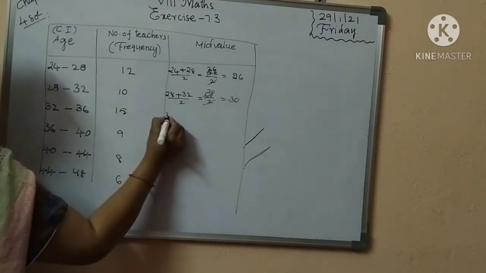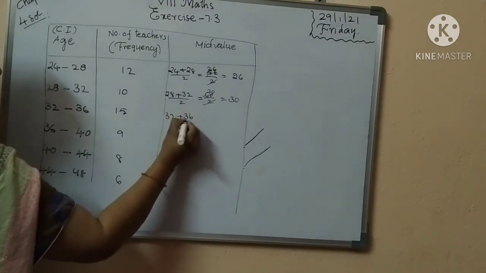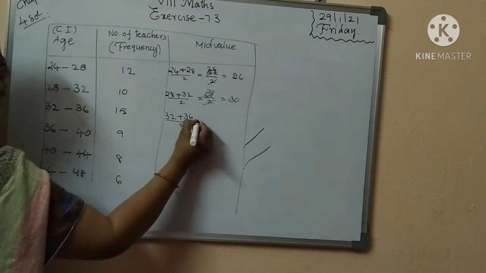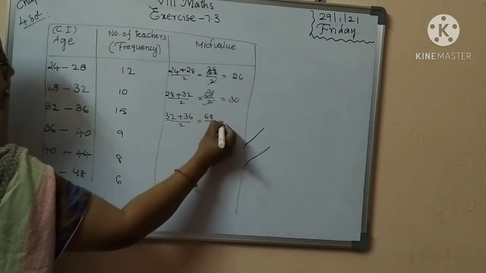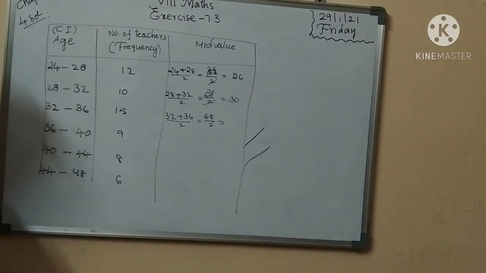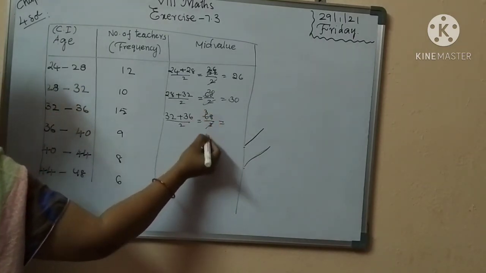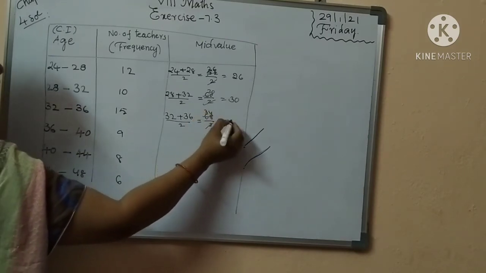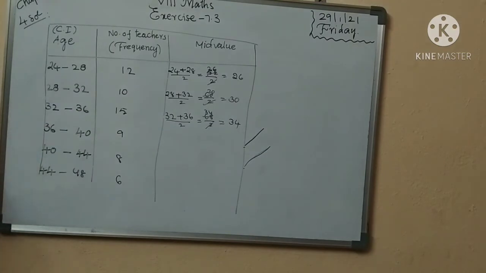Next, 32 plus 36 by 2 equals 68 by 2. 3 2s are 6 and 4 2s are 8. So that is 34.